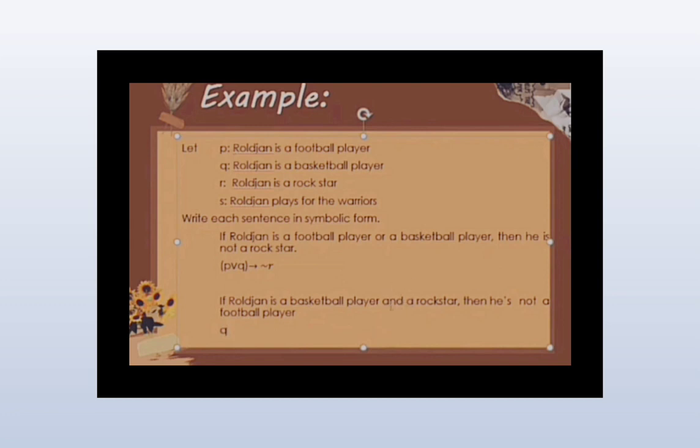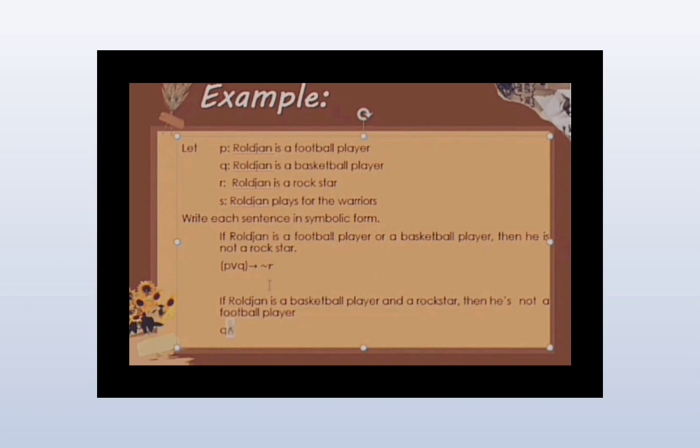So the symbolic form of and is this one. Then a rock star, we let a rock star as R, so we have here R.